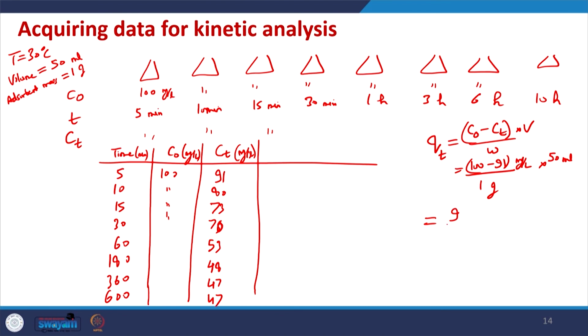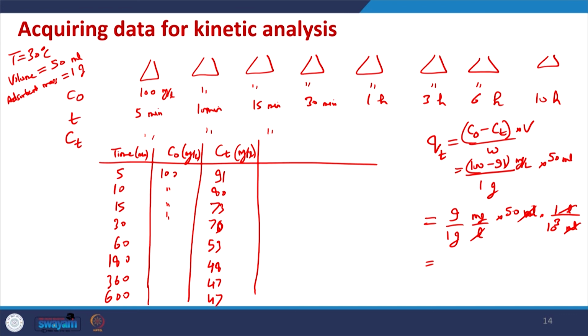So, it will be 9 milligram per liter, here it is 1 gram. And now here it is 50 ml, and 1 liter is equal to 10 raised to 3 ml. So, ml goes off, liter goes off, we have milligram per gram, and we can solve this to get the answer in milligram per gram.